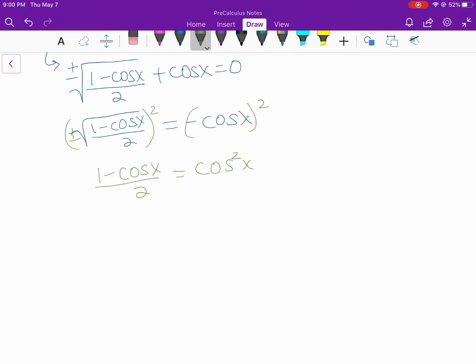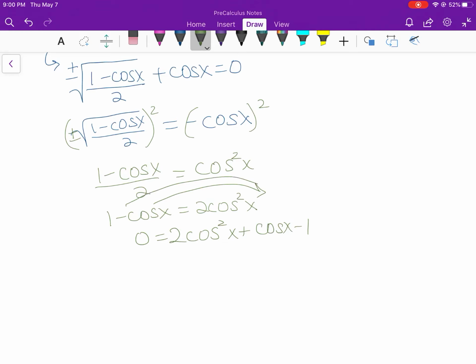All right, we're going to multiply both sides by 2. Let me put everything on the correct side here. So then I brought these over. We're going to factor.